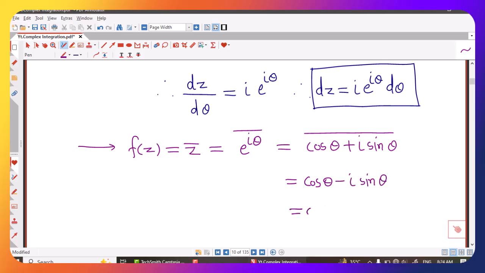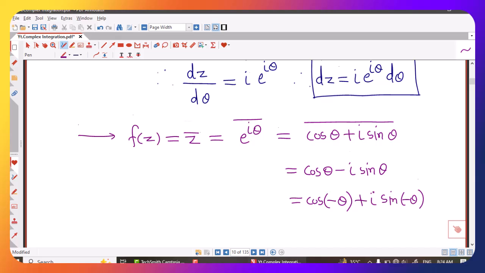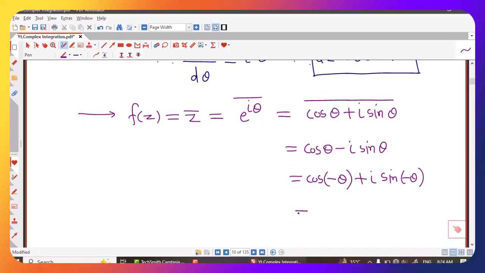I know that cosine of minus theta is cos theta for all theta, and sine of minus theta is minus sin theta for all theta. So using Euler's formula again, cos theta minus i sin theta, with minus theta in place of theta, I can rewrite as e raised to minus i theta. So this is just for understanding.